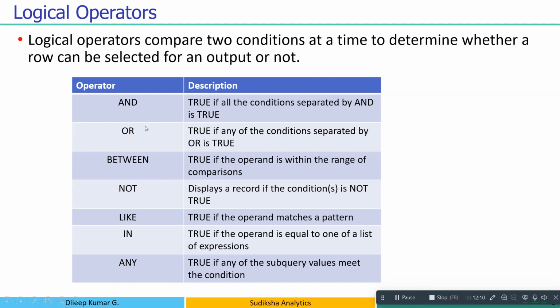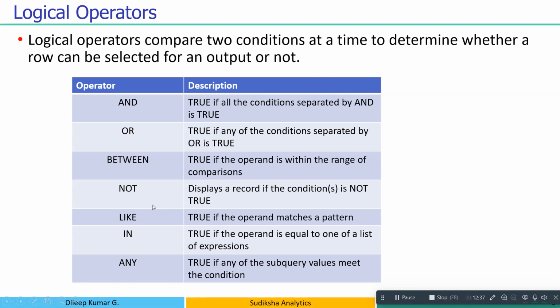Based on that, you'll get the resultant value, either true or false. OR means true if any of the conditions separated by OR is true. BETWEEN means you can specify the range, and if the condition is satisfied, you get the resultant record.